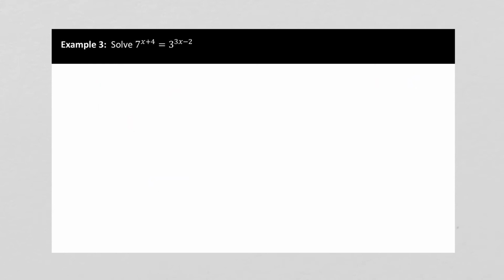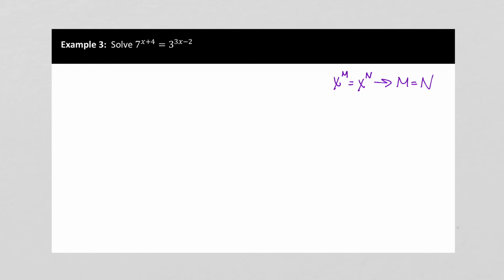What's something else we could do? Well, if we've got this case, you've got a rule that says if you've got x to the m is equal to x to the n, then you can say that m is equal to n.